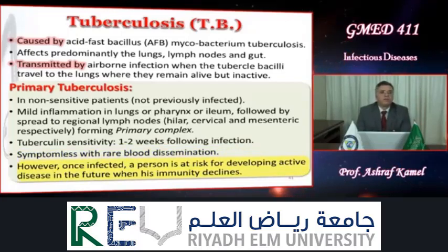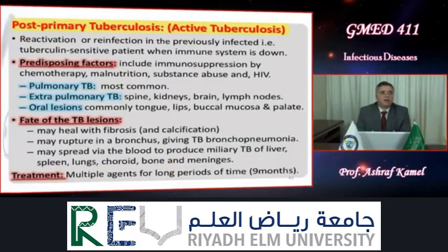However, once infected, a person is at risk for developing active disease in the future when his immunity declines. The post-primary tuberculosis or the active tuberculosis is where there is reactivation or reinfection in the previously infected, that's to say the tuberculin sensitive patient when the immune system is down.